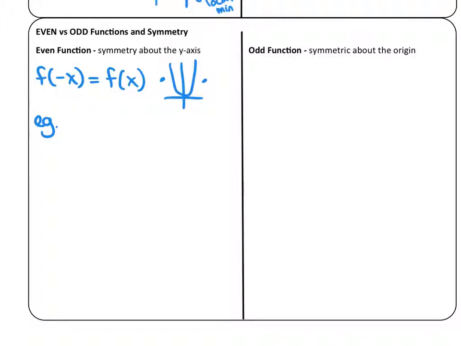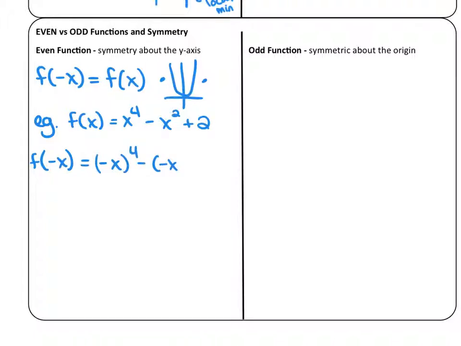So let's see. We've got a function x to the 4 minus x squared plus 2. If you want to find out if this is even, you put negative x where the x's are, and see if you get the same thing.